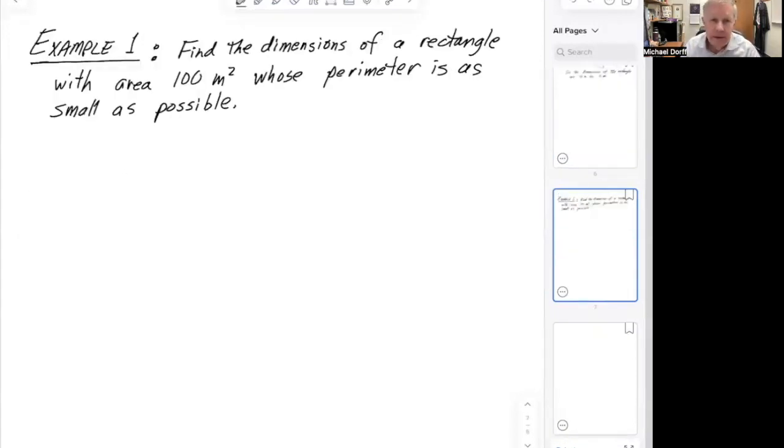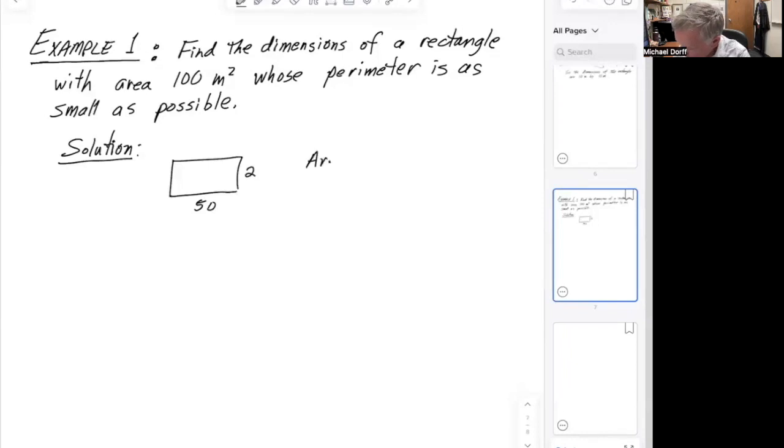Find the dimensions of a rectangle with area 100 square meters, whose perimeter is as small as possible. Now, if we sketch out some examples here, here's my rectangle. I could have a side length of 50 and width of 2. So then the area would equal 50 times 2, which is 100.